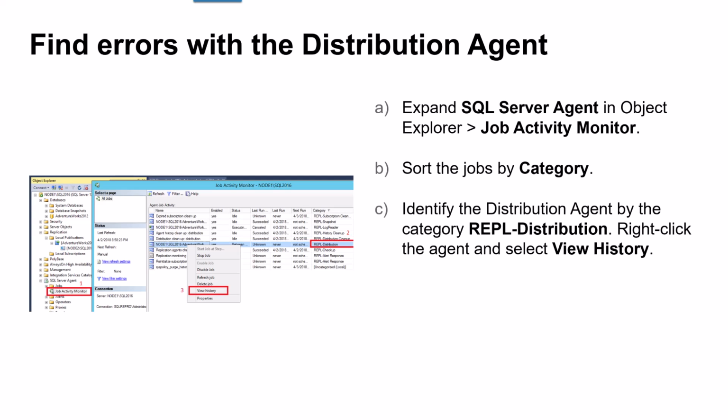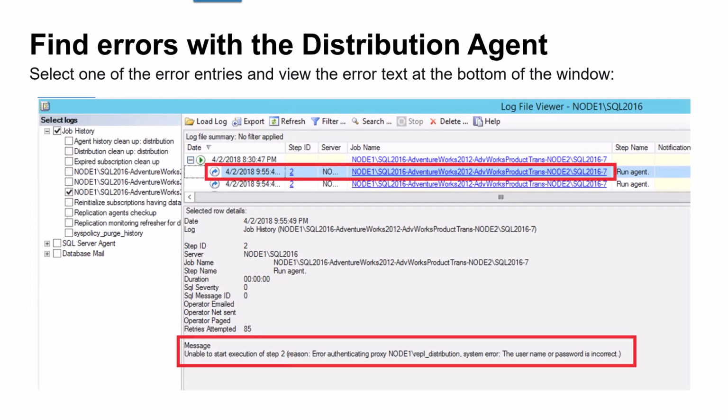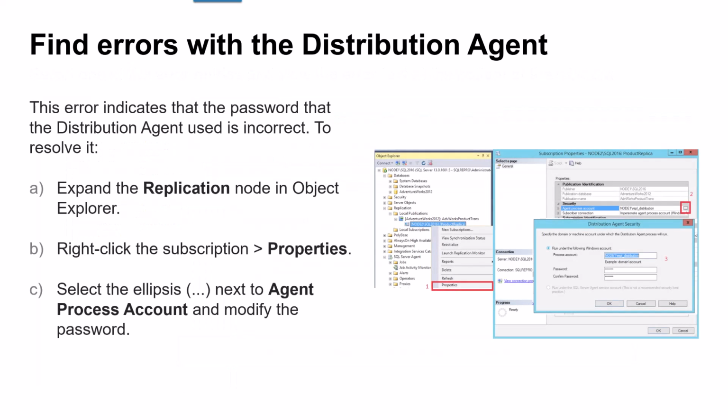Identify the distribution agent by the category REPL distribution, right-click the agent and select View History. This will open up the log file viewer and you can view the error at the bottom of the window. This particular error message is saying the username or password is incorrect.